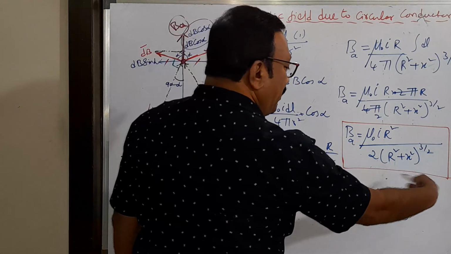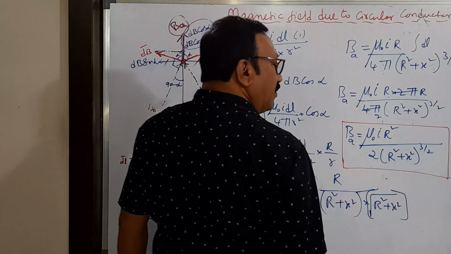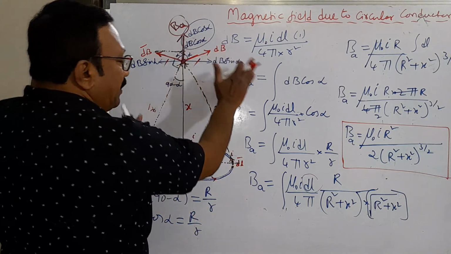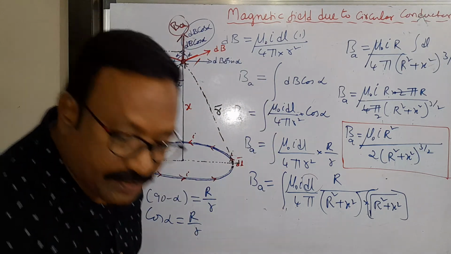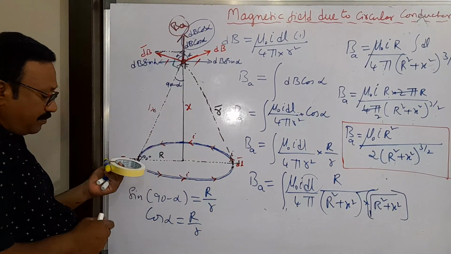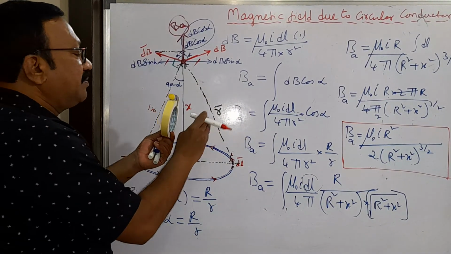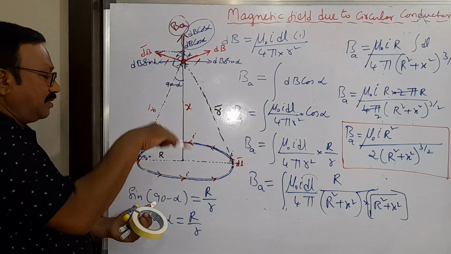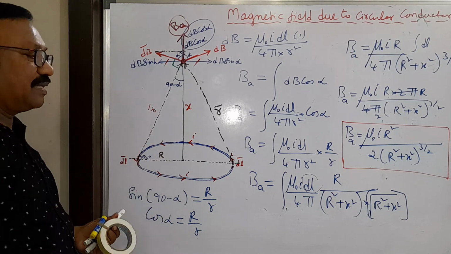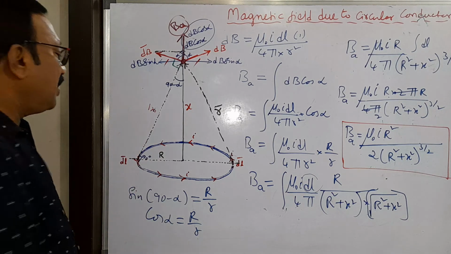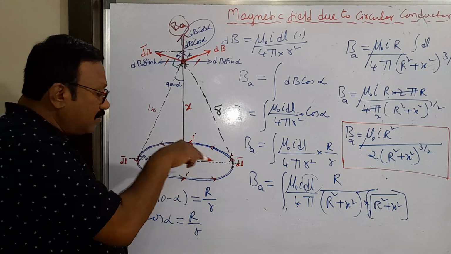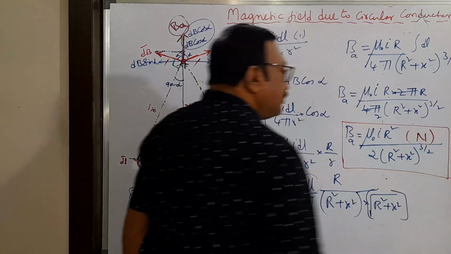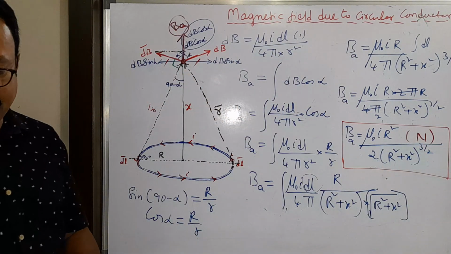In some books, this diagram will be taken in a horizontal position, with the axis here, but I find this more comfortable for explaining these angles. If you have n turns, 1, 2, 3 like that, then I can multiply by n also here. That will be the final expression.